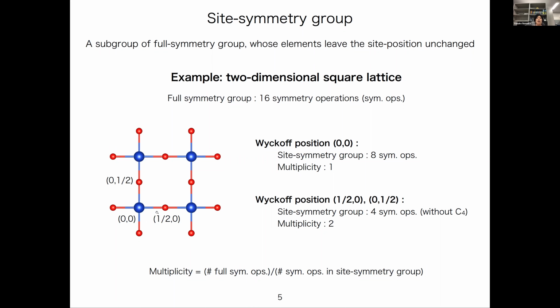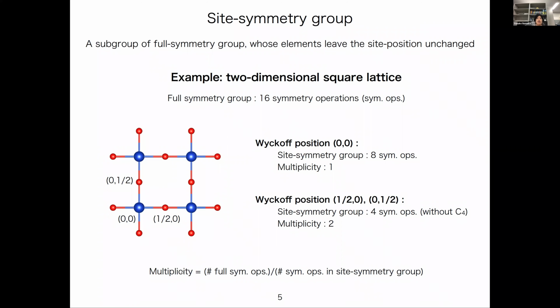If we rotate 90 degrees, this site goes to (0, 1/2). So in this case, the site symmetry group has 4 symmetry operations in total, and the multiplicity of the site is 2.